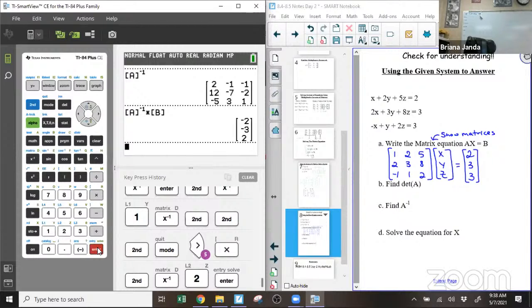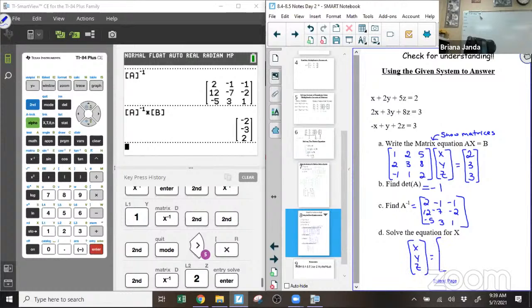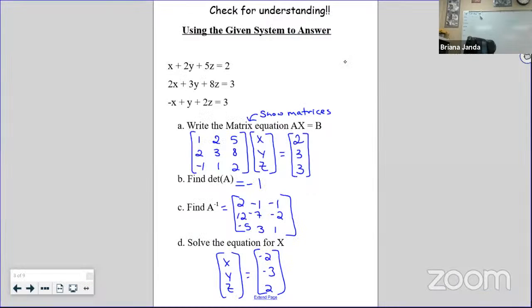Okay, before we are done, let me write those answers down here. Before we are done, I do want to point out that we did the bigger ones with our calculator, but you really could do this with a smaller set, like a 2x2.